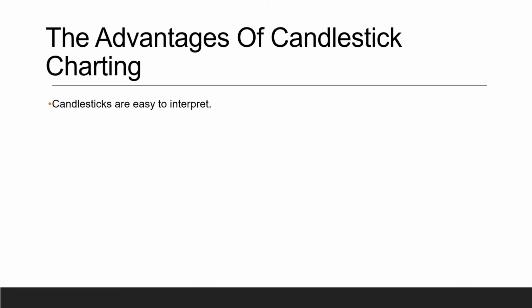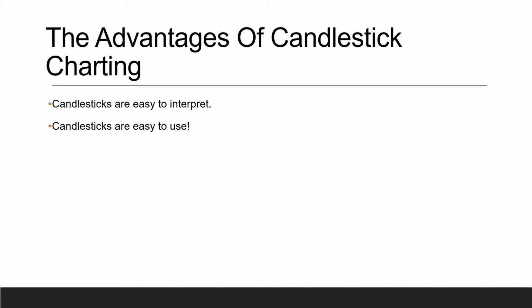So let's look at the next one, which is that candlesticks are very easy to use. When you are able to understand candlesticks and your eyes are able to adapt to this information, it makes studying the chart very easy, and it helps you in your trading as well.